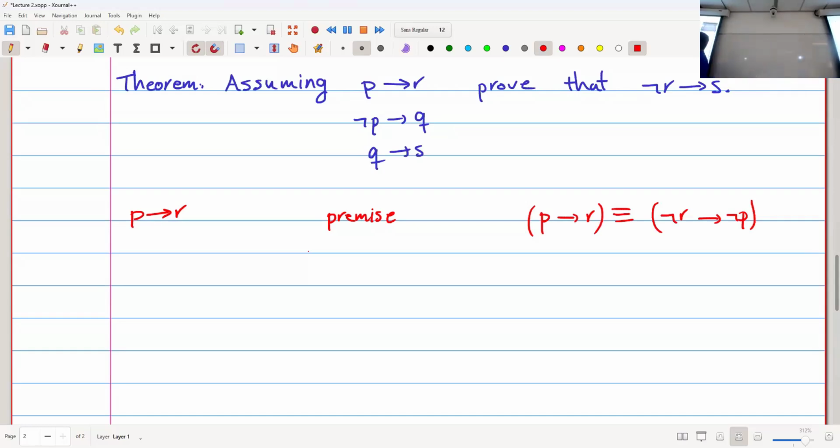So generally, this holds for any statement. It doesn't have to be this particular P and R.